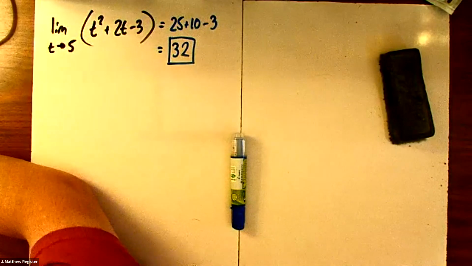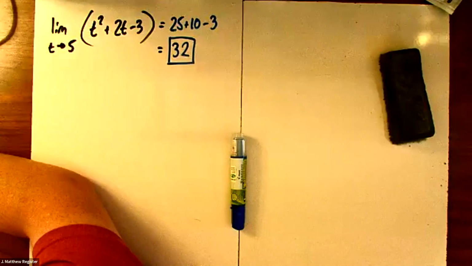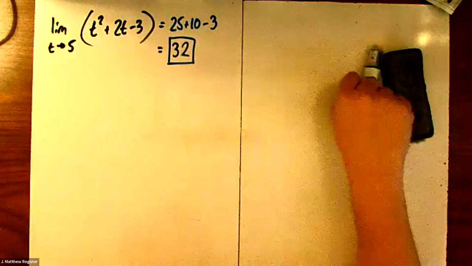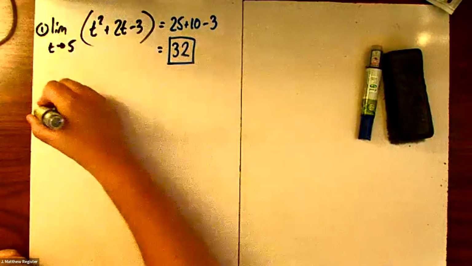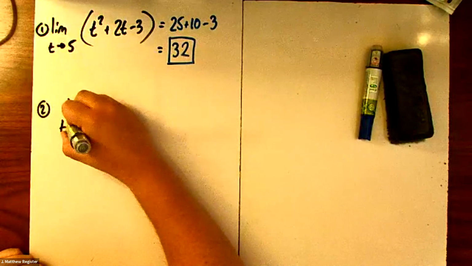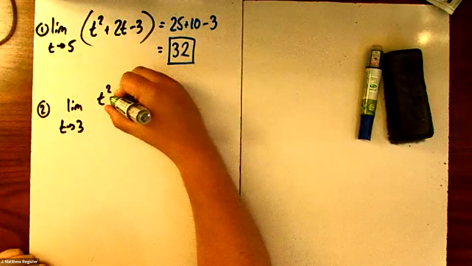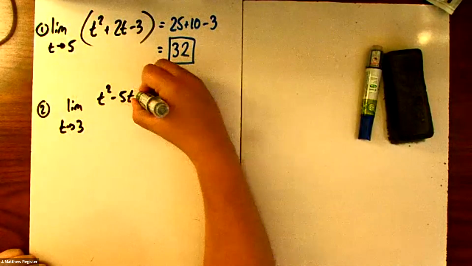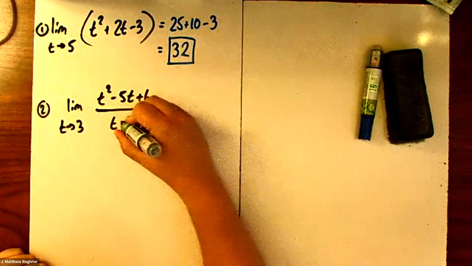But that's it. That's all you have to do in that case. And notice I said in that case because it's not always going to be that easy. In fact, it will almost never be that easy. But let's try our second one. So that was number 1. Number 2 is the limit as t goes to 3 of t squared minus 5t plus 6 over t minus 3.